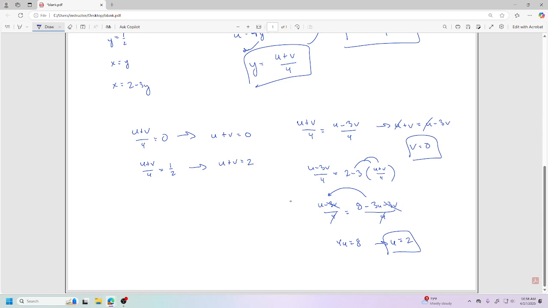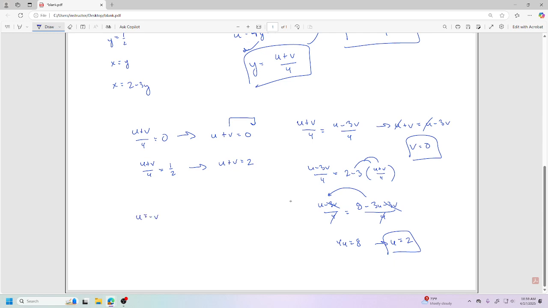What I did with that one, I don't know if it's the right way, is I would just put it to set numbers. So then I would have u is equal to negative v, v equals negative u.